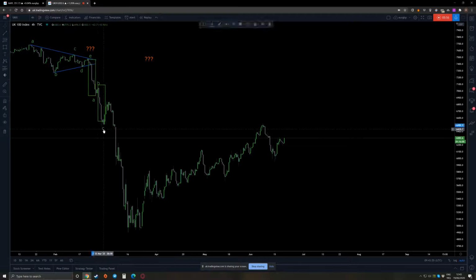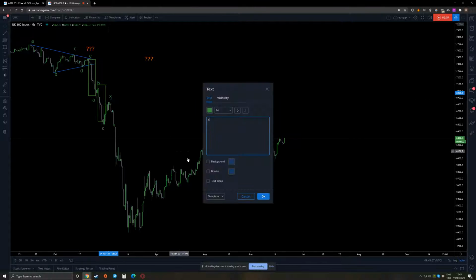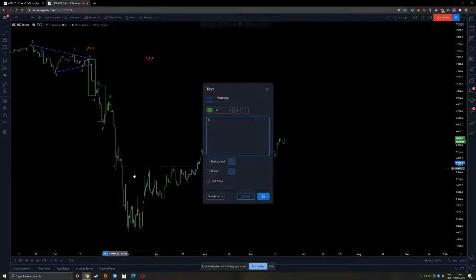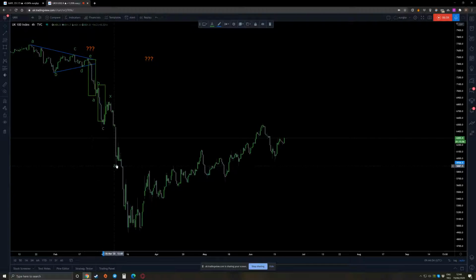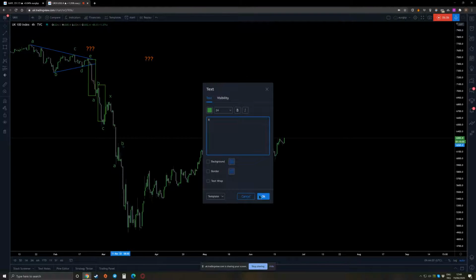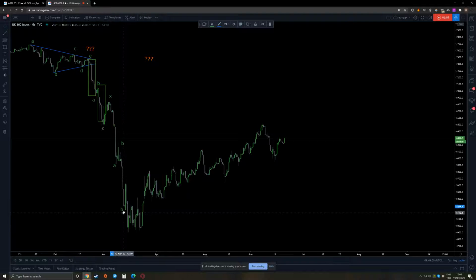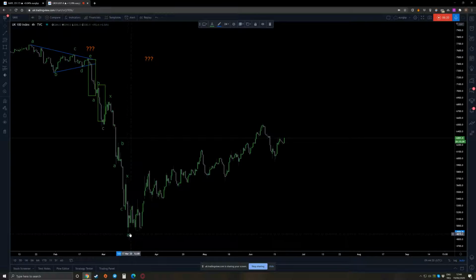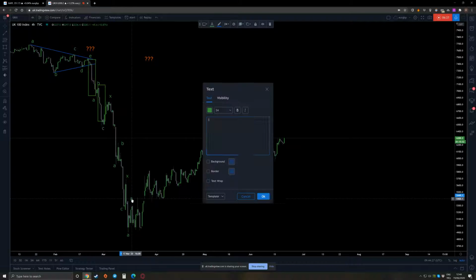Now we have an ABC and then we have an X wave. Okay, after this, it looks like we have another A and another B and then another C. It looks like then we have an X wave. And then we have a wave A. We have some type of maybe a B here.